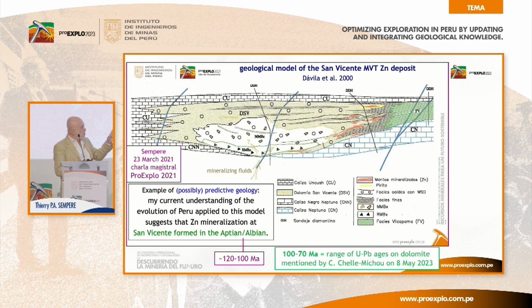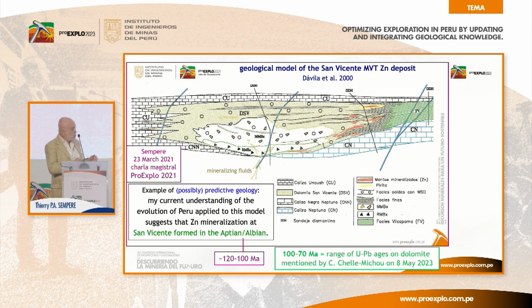San Vicente was formed in like 120, and Cyril showed the result of publications that give an age of 100 to 70 million years. This is pretty interesting because this is not exactly the same. We are geologists. We are always working in the ballpark. And I thought that San Vicente was Tertiary.